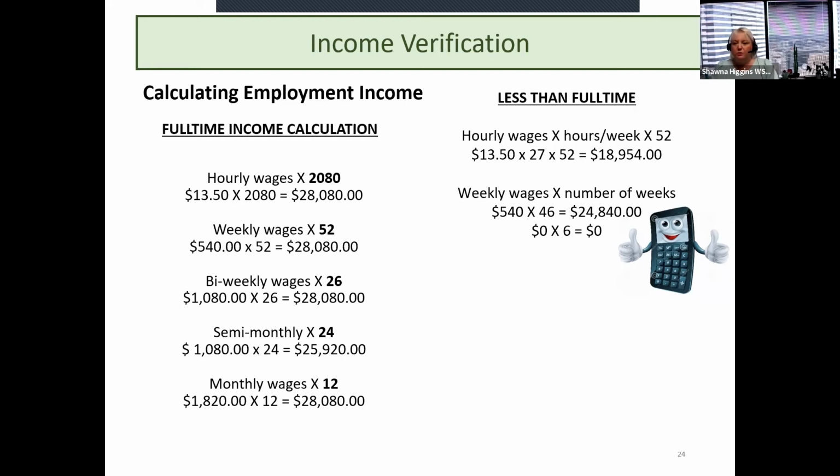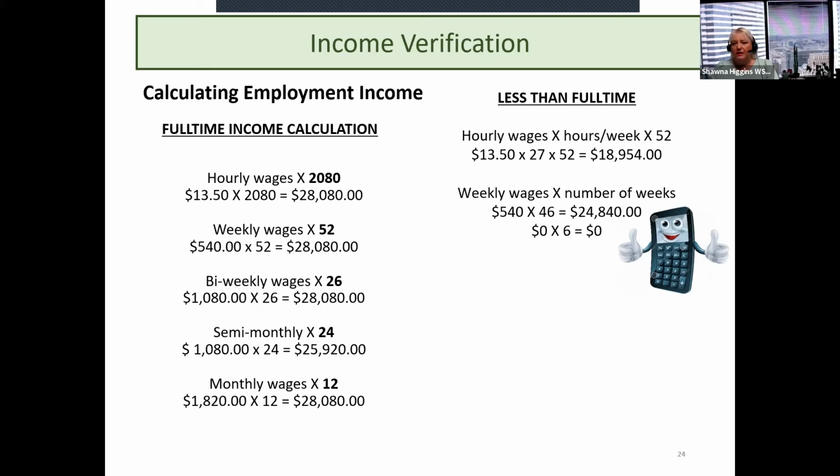For someone who doesn't work a full year at a company, say they might be closed during a couple of months a year, you're going to take their weekly wages times the number of weeks they work in a year, and you'll come up with their annual amount.